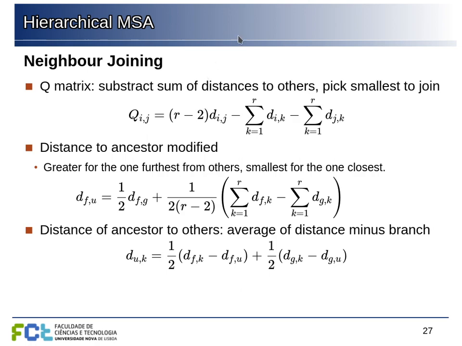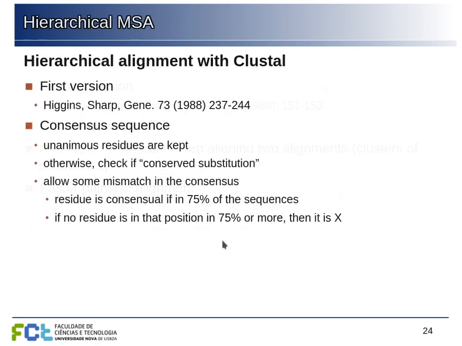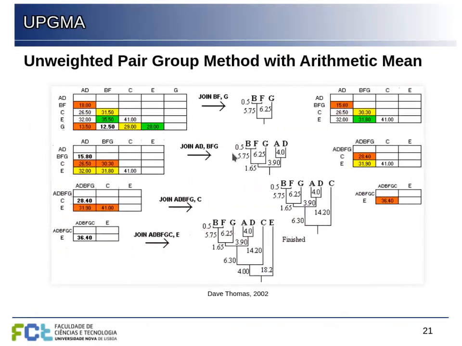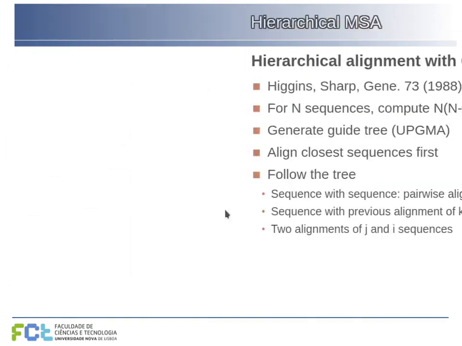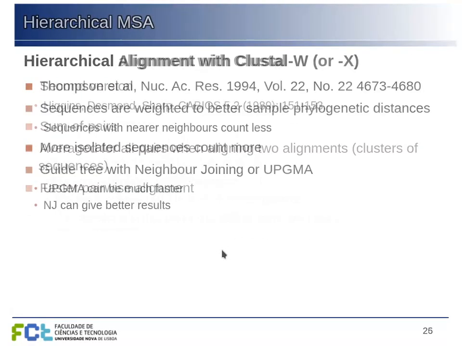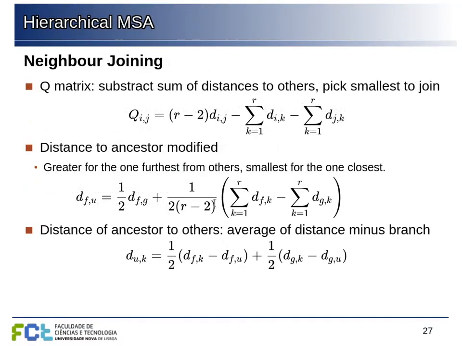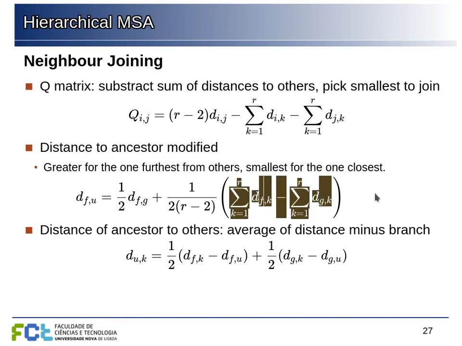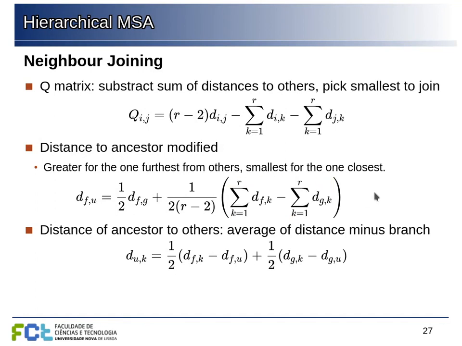Also, the distance to the common ancestor in UPGMA is always the same for both descendants. For example, here, humans and monkeys, we just divided this one in 0.5 for each branch. In neighbor joining, it's also scaled, adjusted as a function of the distances to other sequences.